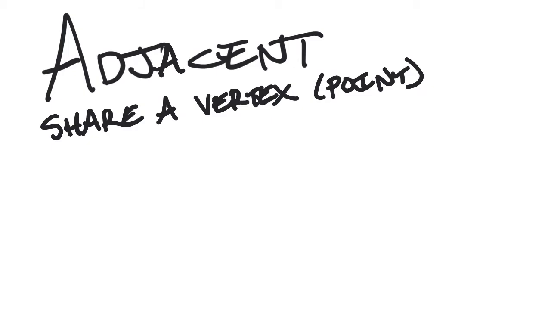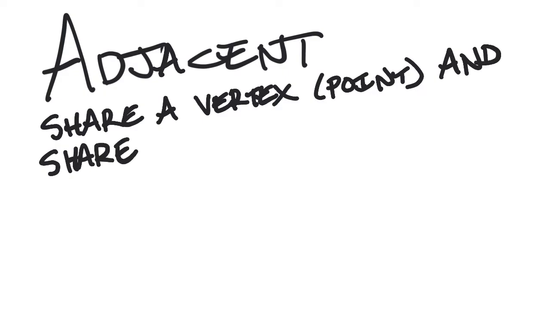So we're looking at two lines that come together that create a vertex, which we kind of saw in the last couple of triangles we've done. But they also have to share, we'll put and, with both. It has to have both. It has to share also a line.